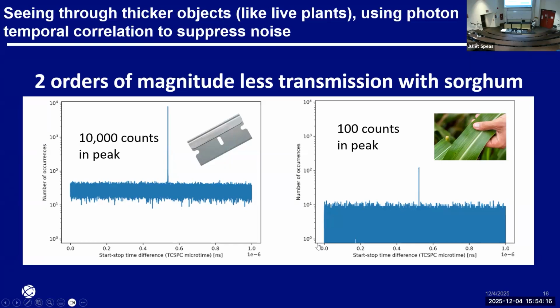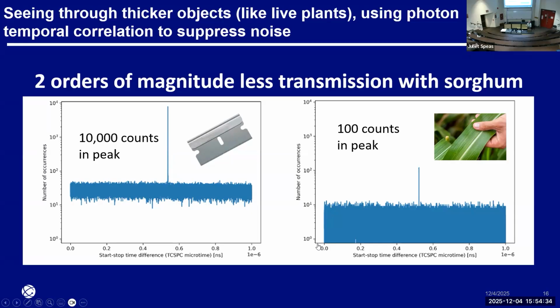You stick a plant in there, and it's like sticking an ND2 filter into your system. So if you're in optics, go grab your ND2 filters, put them over your eye, walk out into the hall and see how much you can see. It's a much more challenging experiment because you're down 2 orders of magnitude.